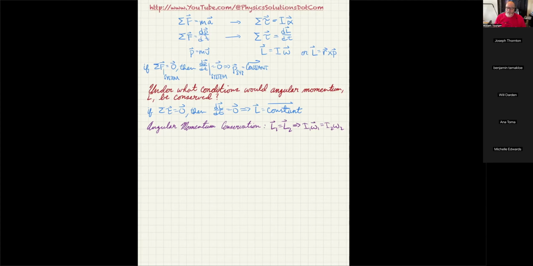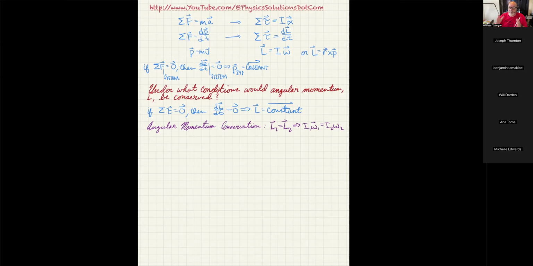That would result in me having a low moment of inertia. The mr squareds that I'm adding up are going to add up to fairly small because all the r's, the distance between the axis of rotation, which is basically the center axle of this chair, the distance between that perpendicularly out to whatever body part it is very, very small. So if I started spinning like that, I would have a certain angular momentum.